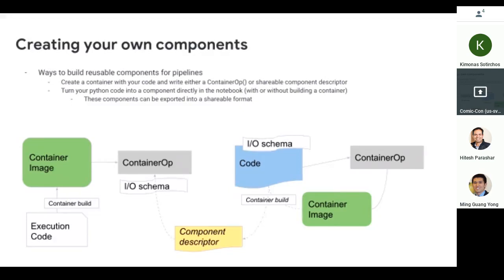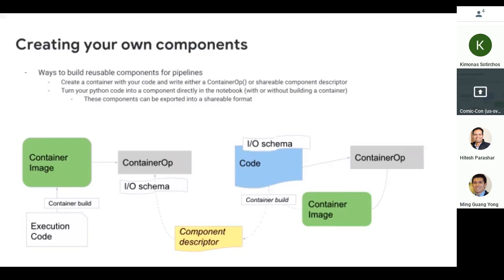Then in order to use it in a pipeline, you would need to create a container operator that describes the argument schema of what the expected arguments are in order to parameterize that container. That would need to be done in Python code. Another way to create a component would be to build it directly from code in a notebook.